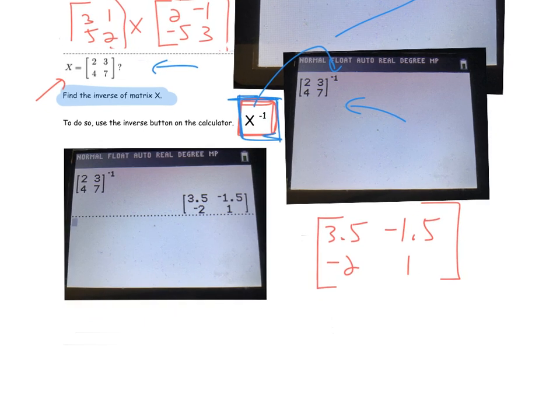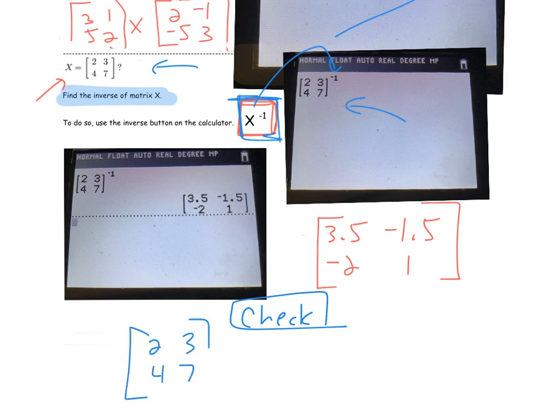And again, what's the significance of an inverse? Well, if you take matrix X and multiply it by its inverse, what should happen?